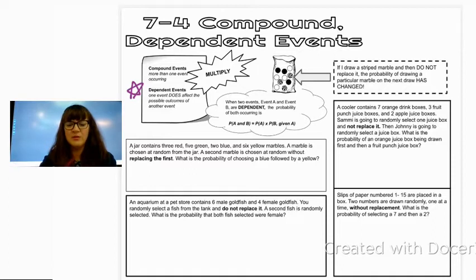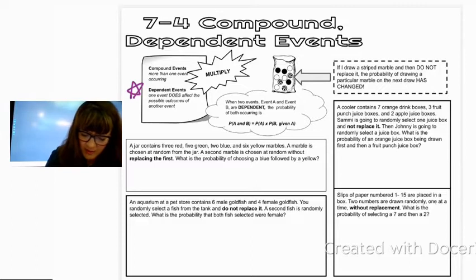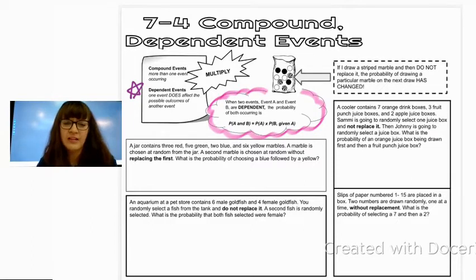When you don't replace what you drew out the first time, you now are having an impact on the likelihood of any outcome from a future draw from that same bag or jar, whatever it is. So here is our formula or our process for calculating the probability of dependent events.